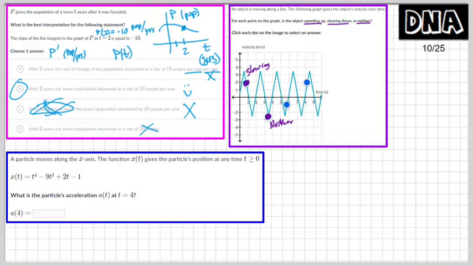Okay, my other way, guys, will make this easier to explain. But look at this point right here. That one right there. Is that one moving towards the x-axis, or is it moving away from the x-axis? It would be moving towards it. So that would mean it's slowing. Now we have this last point right here.